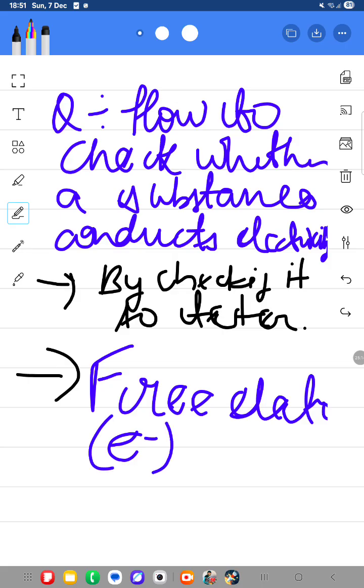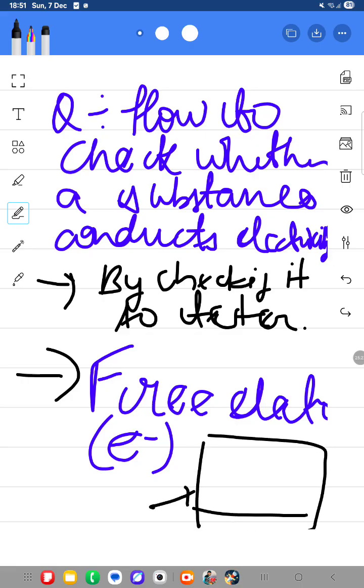I will draw a diagram. For example, this is silver. It contains electrons. If the electrons inside a substance have enough space to move, they are free.